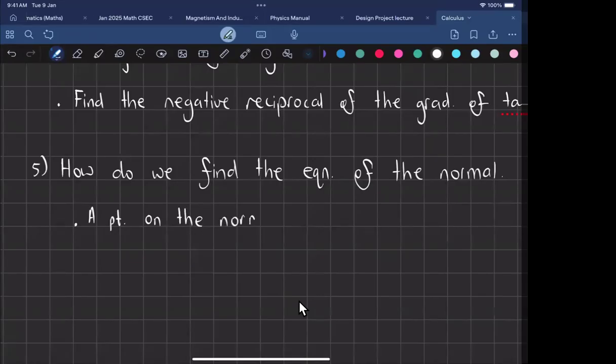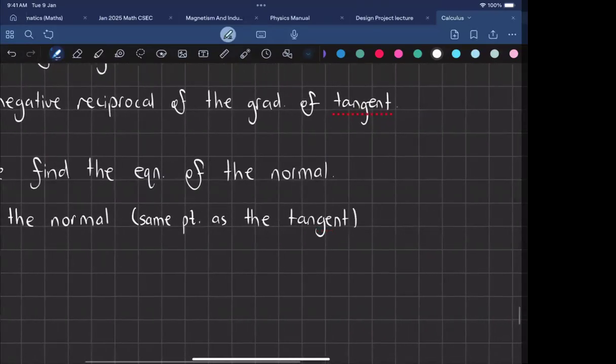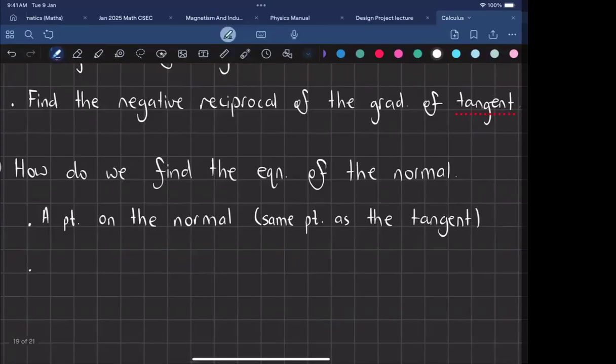Now let me ask you a question. The point on the tangent, that's the same point on the normal, yes or no? Yeah. Right? So you get the point and you need the gradient. And then you just use y is equal to mx plus c. All right, so that's it.